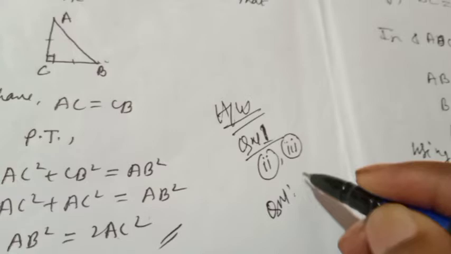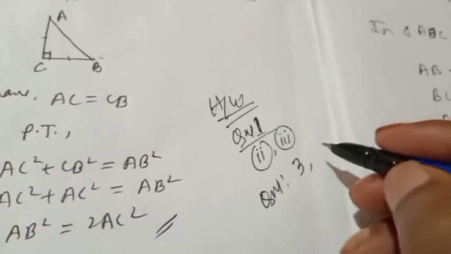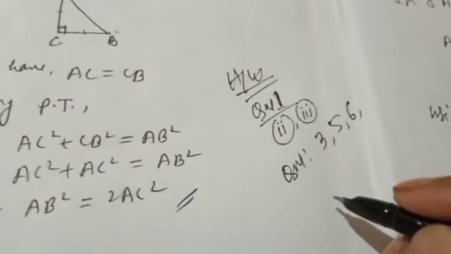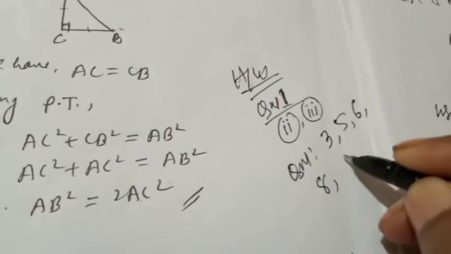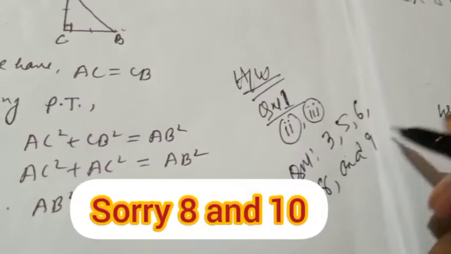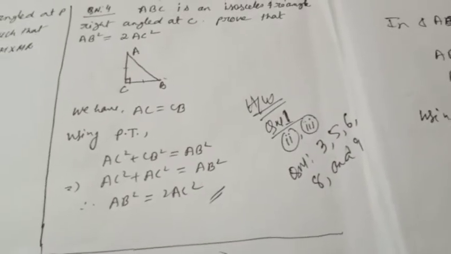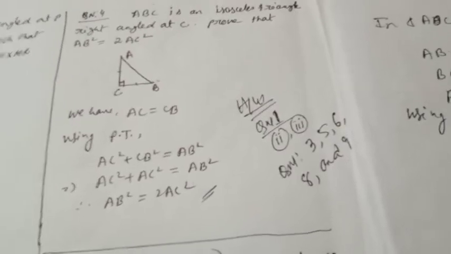Then question number 3, 5, 6, 8 and 9. These are your homework. But after completing this homework, please try the other sums also. Understood what I say?